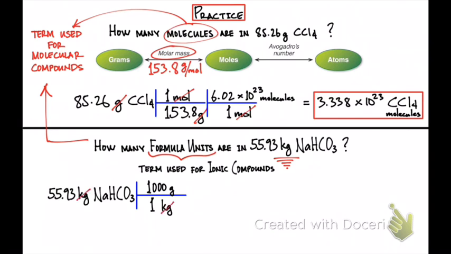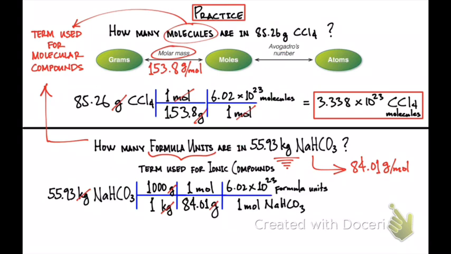So kilograms cancel out, and now you can add another train track involving the molar mass of the compound, which is 84.01 grams per mole. We put grams at the bottom so that it cancels with the grams up top, and moles up top. Grams cancel out, and then we convert number of moles to number of formula units using Avogadro's number.